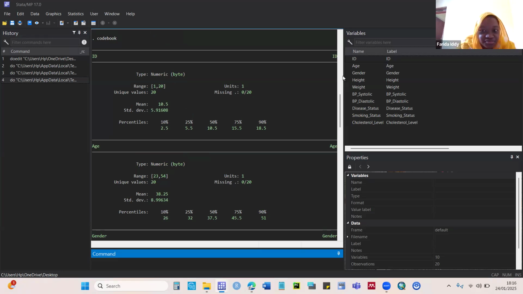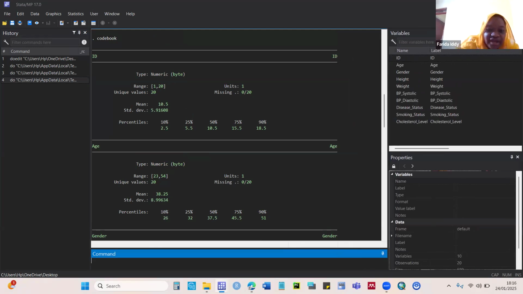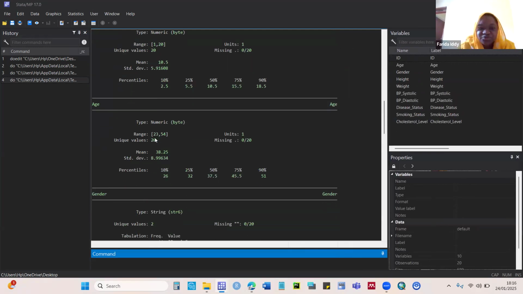Then the second variable is age. Let me expand it. So we have age, and age ranges from 23 to 54. We don't have missing values, and it is a numeric variable. And we have these percentiles: 10th percentile, 25th, 50th percentile, which can be presented as the median, 75th.